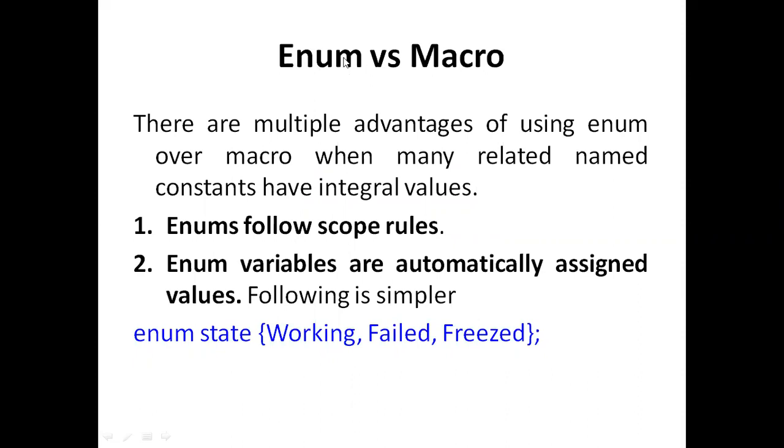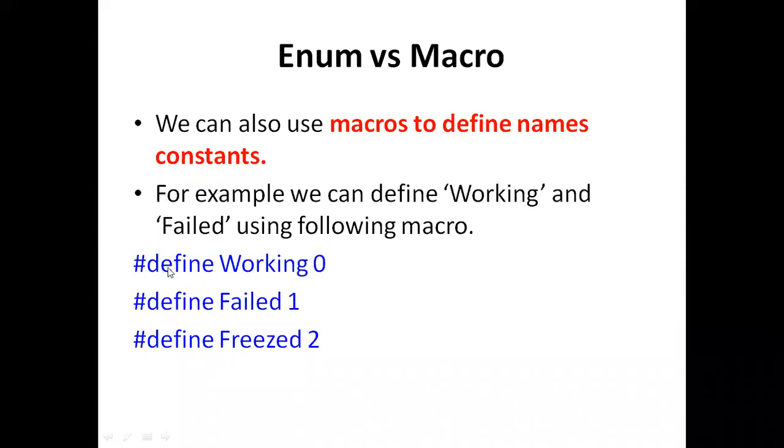Constant values in the enumeration are declared by using enum, and constant values using macros are declared by using hash define.